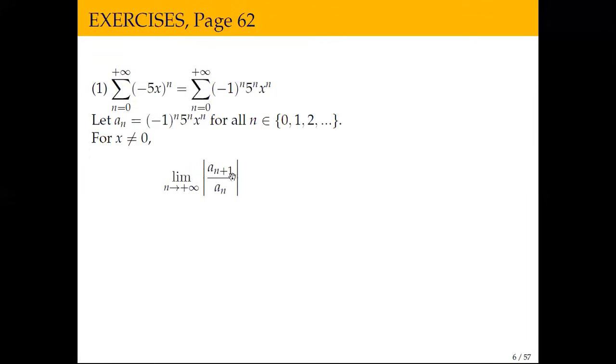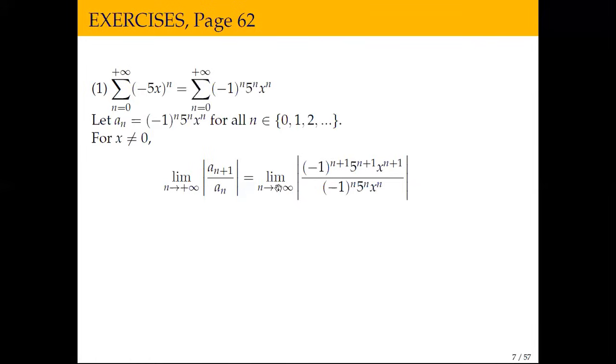Replacing values for a sub n plus 1 and a sub n, we'll get the following. The absolute value of -1 raised to n plus 1 is just 1, as well as -1 raised to n. 5 raised to n plus 1 over 5 raised to n is 5, and the absolute value of that is 5. x raised to n plus 1 over x raised to n is just x, so we are left with the absolute value of x.